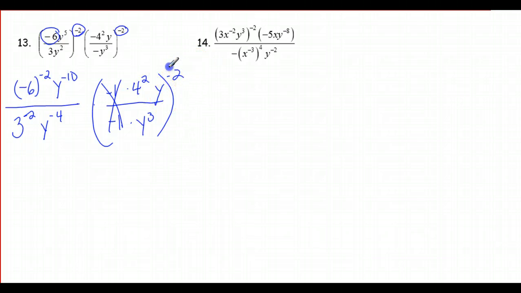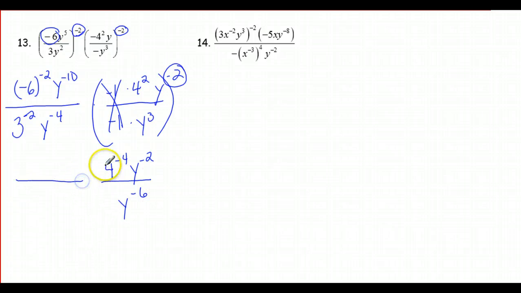So I'm going to distribute my power. So I have 4 to the negative 4th, y to the negative second, over y to the negative 6. Now over here on this side, I'm going to flip. So I have 3 squared, y to the 4th, over negative 6 squared, y to the 10th.